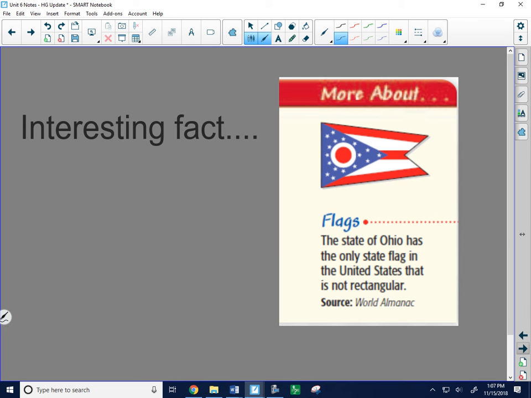Did you know, fun fact for the day, that Ohio is the only state flag that is not a rectangle? Did you know that? It has stars. Does it? Yes, it has decagons. Is that what you're saying? Decagons, decagons, decagons. That's what I said. She asked me about stars earlier.